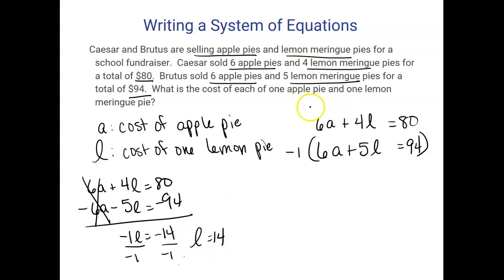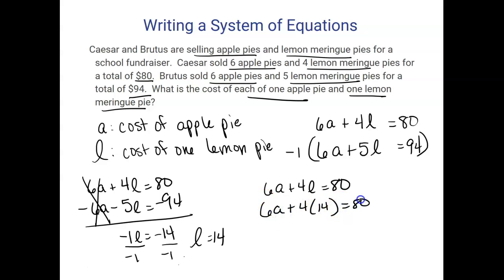I am not done though because I need the cost of not only 1 lemon meringue, but also 1 apple. So I go back to my original equation, 6a plus 4l equals 80. Doesn't matter which one we use, so I used the one with smaller numbers. This becomes 6a plus 4 times 14 equals 80.